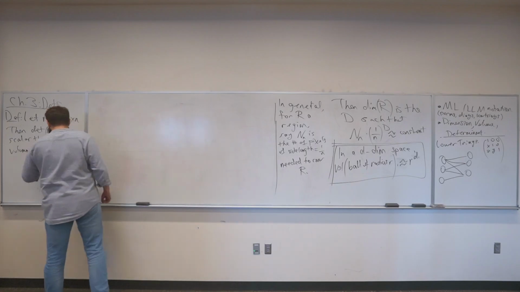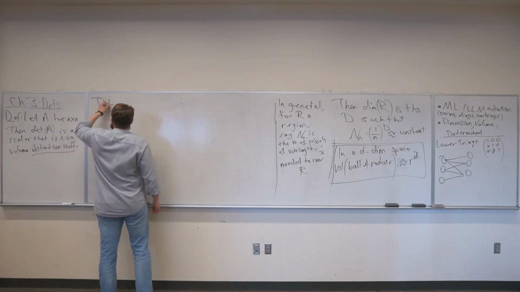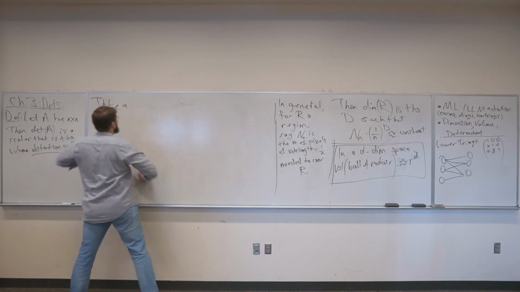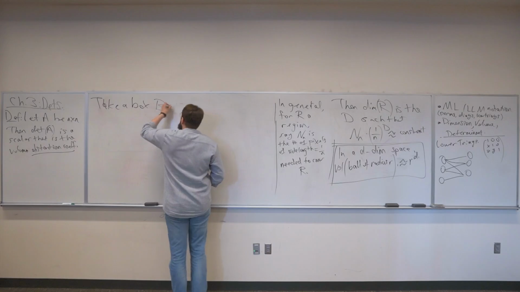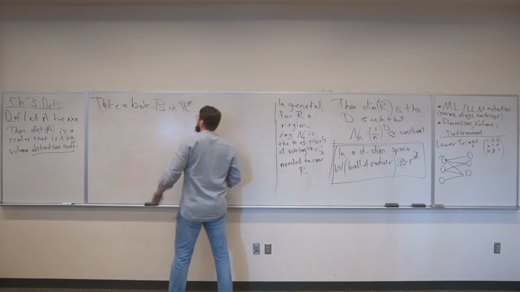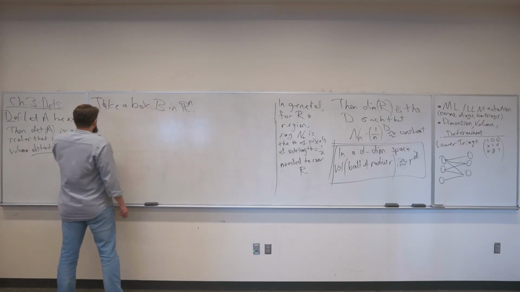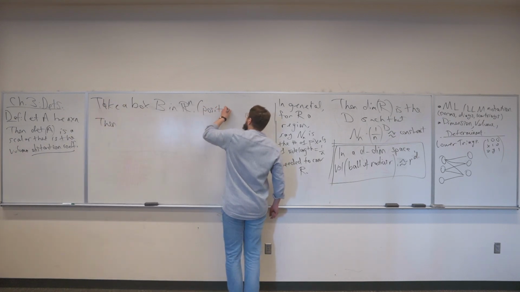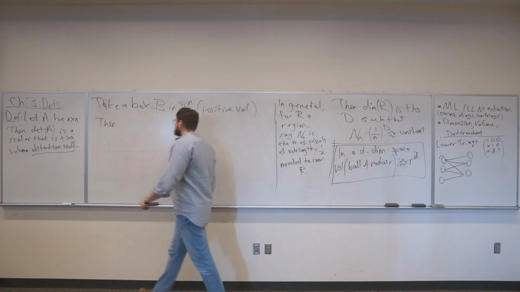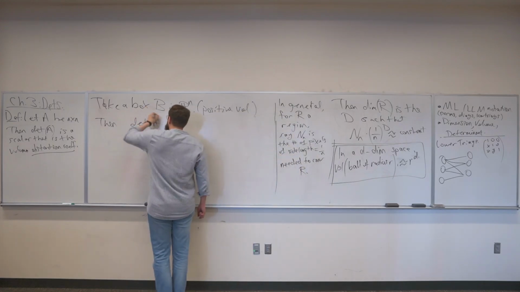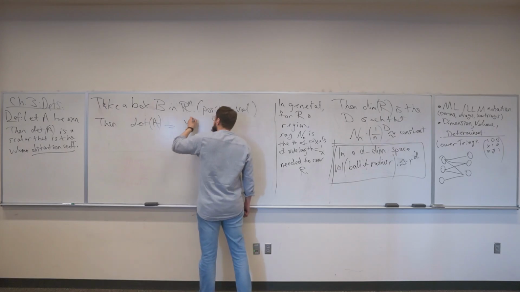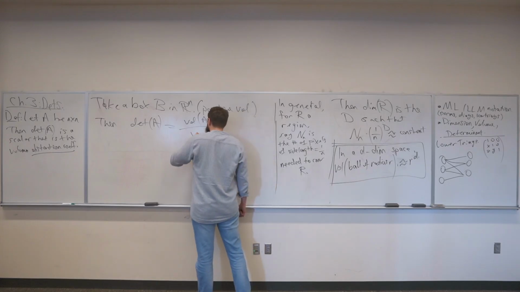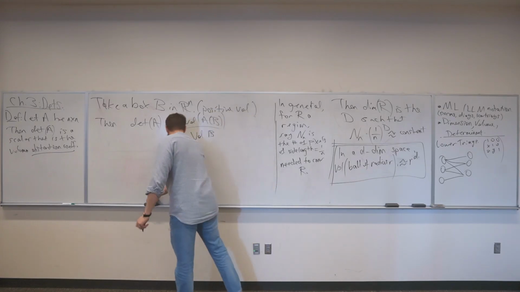So take a region, take a box B in R^n, so positive volume, then the determinant of A is the ratio of the volume of the image box versus the volume of the original box.